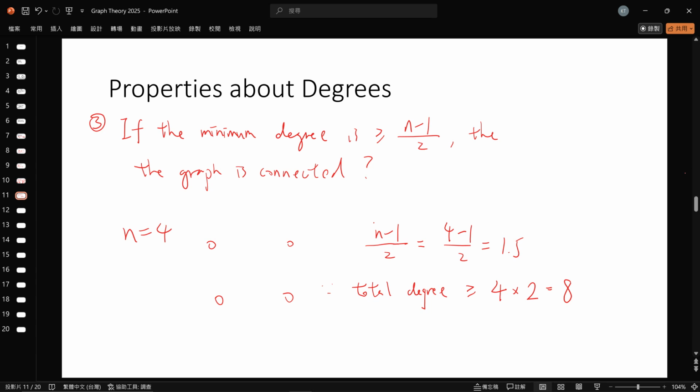So this implies the number of edges is 4. Okay, good. So if you have 4 edges in a graph that has only 4 vertices, then the graph must be connected. So you can try this. No matter how you put these 4 edges, the graph must be connected.